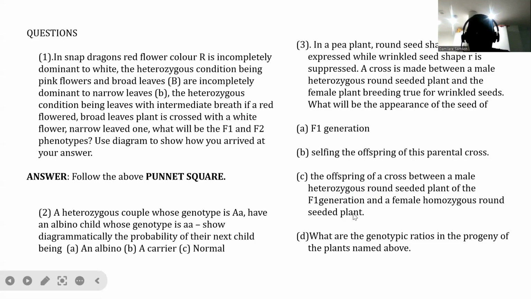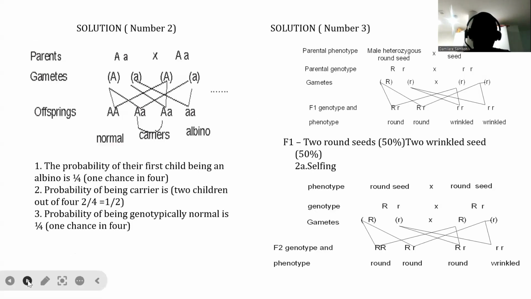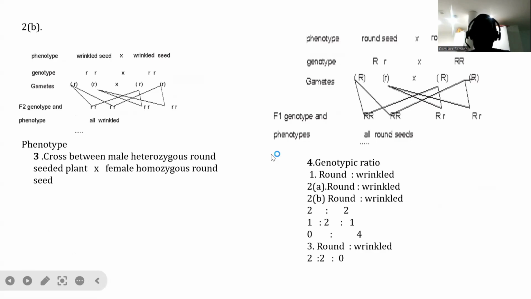So that is heterozygous round seed and homozygous round seed. You cross that also. What are you going to have? All are going to be round. You have two homozygous, you have two heterozygous.